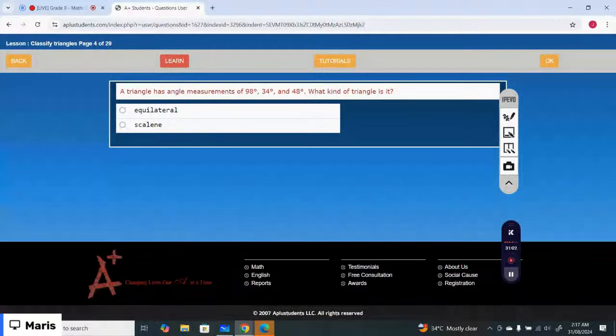Our triangle has angle measurements 98 degrees, 34 degrees, and 48 degrees. What kind of triangle is this? Which is the correct option?